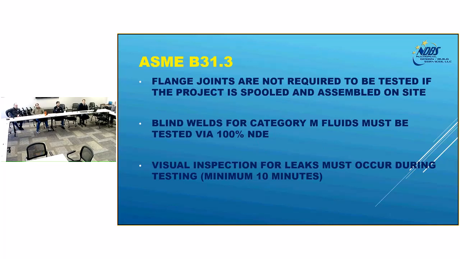However, for your welds, for any category M fluid, you can't have any blind welds in the system. So a blind weld is basically a weld that you can't get a borescopic inspection to, which is a camera that you send down the pipe, or a weld that you cannot get a radiographic inspection of. So that's considered a blind weld.